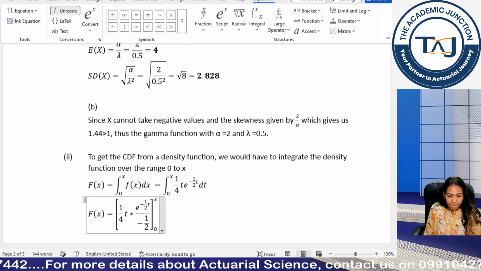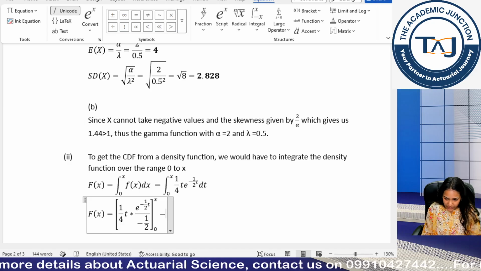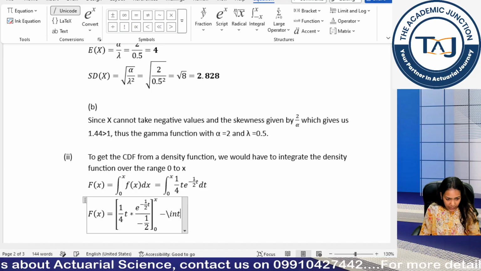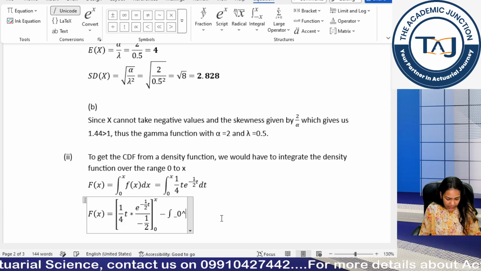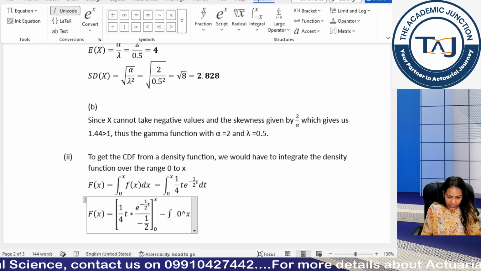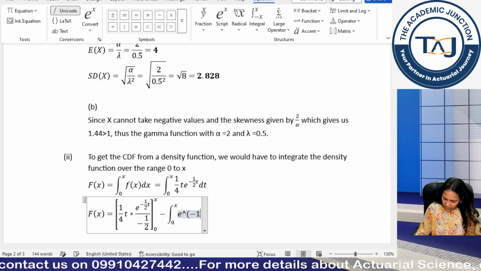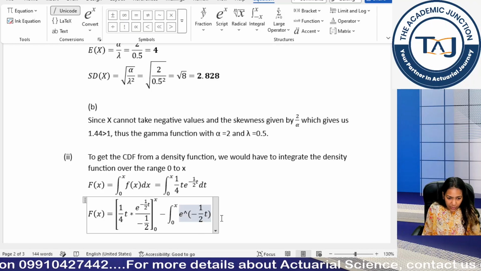Okay, easy. Then we have this integration sign, again limits, lowercase 0, this sign, x. We have in the upper 1 by 2, space, t, bracket close, space.